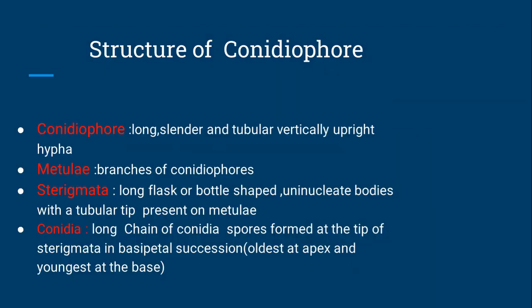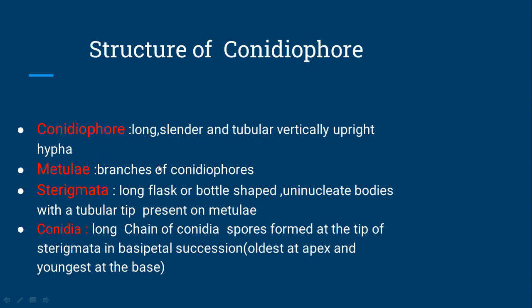So, the basic structure of the conidiophore consists of 4 main parts. One is the conidiophore, which is actually a vegetative cell, but during asexual reproduction, it grows vertically upright into a tubular, long, slender hypha, which is specialized for the formation of conidia. Second, metulae.